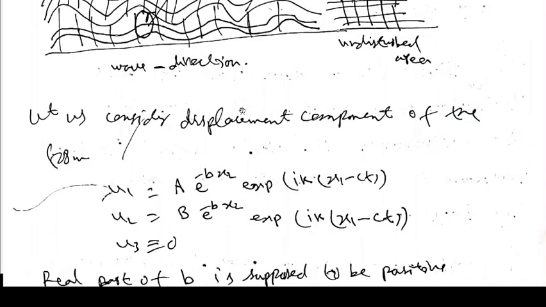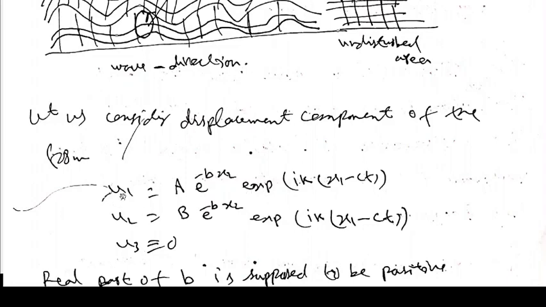Now, as we see that displacement decreases when we move away from the surface, our displacement should be in such a form that it satisfies this property. Here you can see that as we are supposing we are in x1, x2, u3 is identically 0.